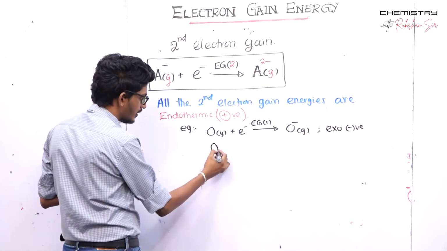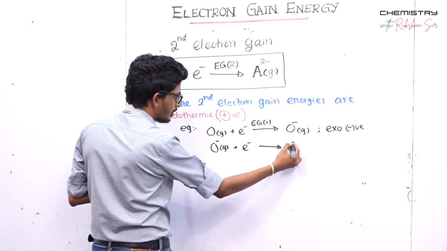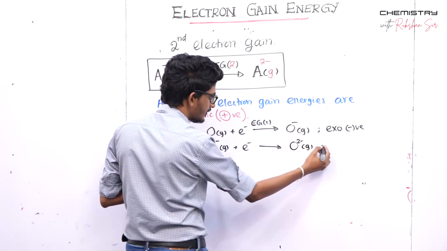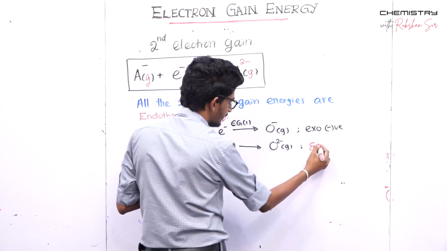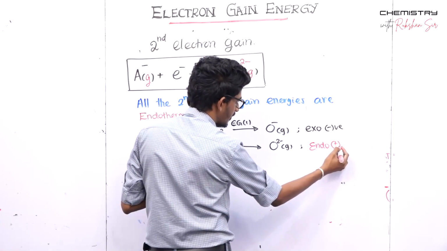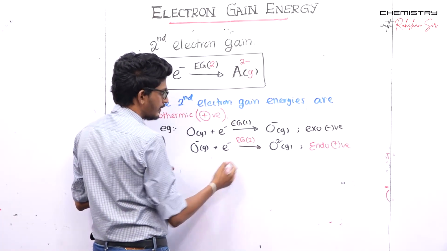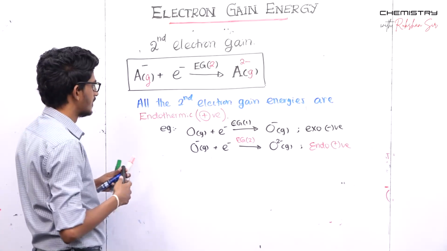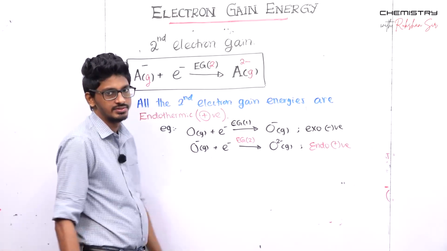For the second electron gain, O gas gaining an electron to produce O2 minus gas, that is endothermic, positive. Eg2 is positive. Let's discuss why.